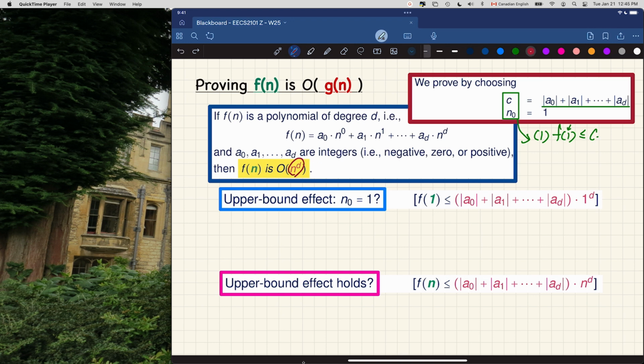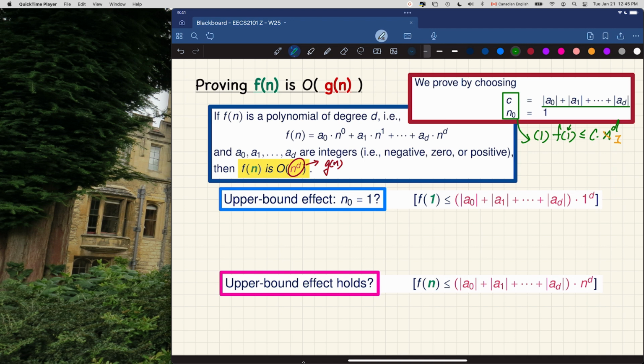This guy here is the G of N. I want to make sure G of N is N to the power of D, and in this particular case, the N here is just 1, right? Just the input 1. That's number 1 I want to show.